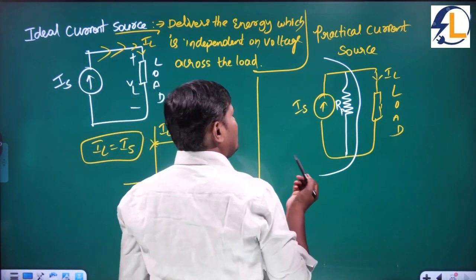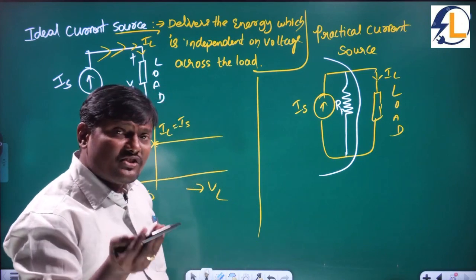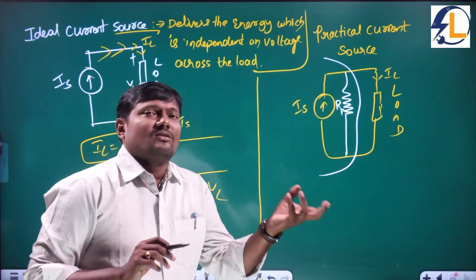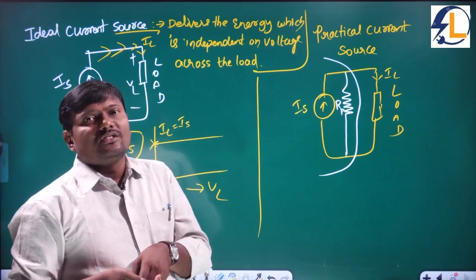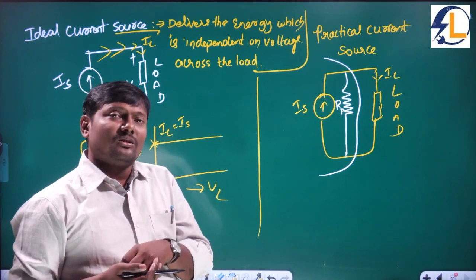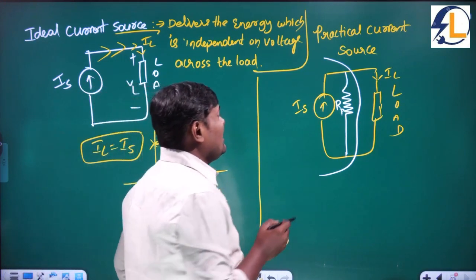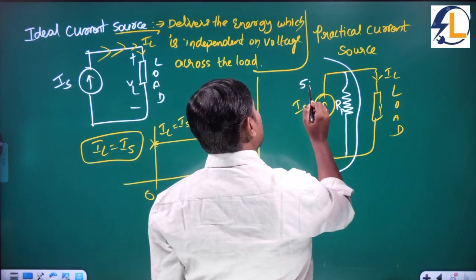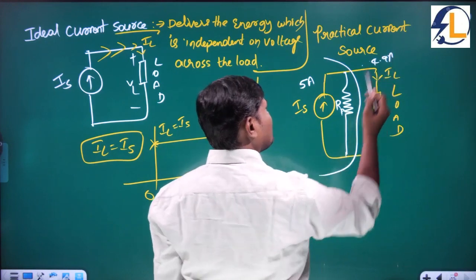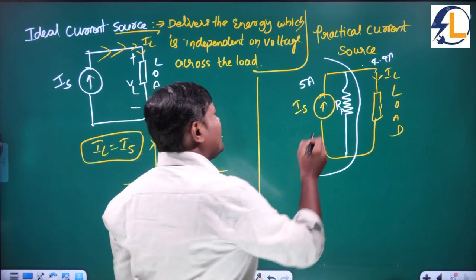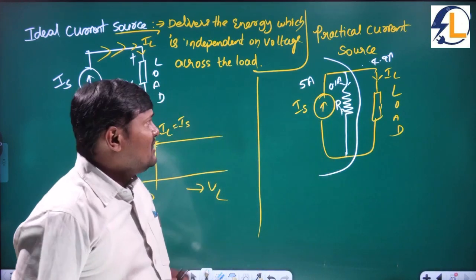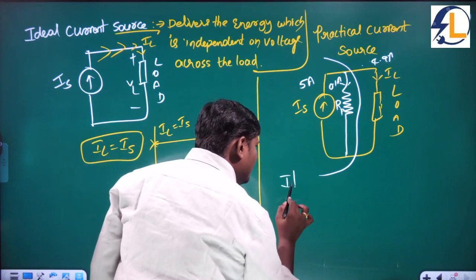And see, simple: current and resistance have an inverse relationship. What is electric current? Flow of free electrons. What is the resistance property? It opposes the flow of free electrons. Suppose I have 5 amperes here, and I want 4.9 amperes to go to the load, and only 0.1 amperes goes through this branch. That means the current value there is lower.